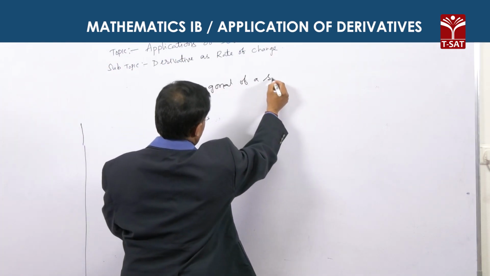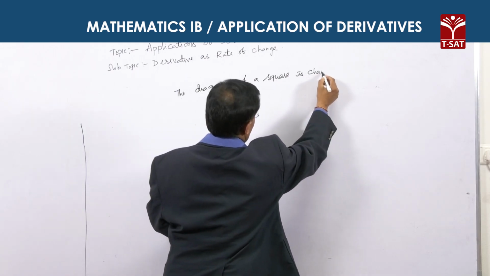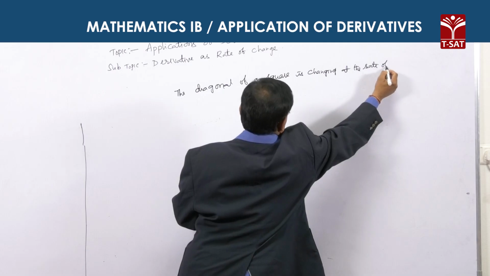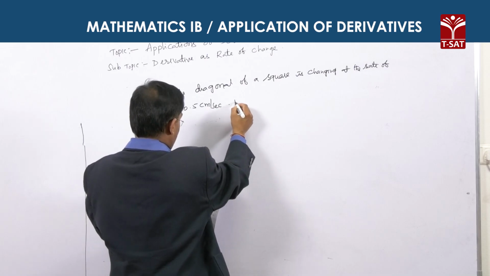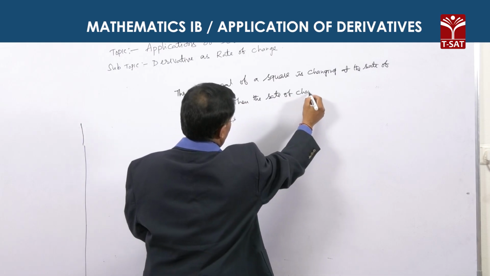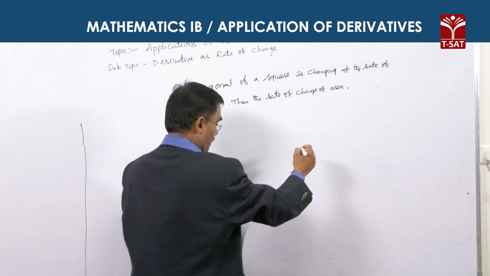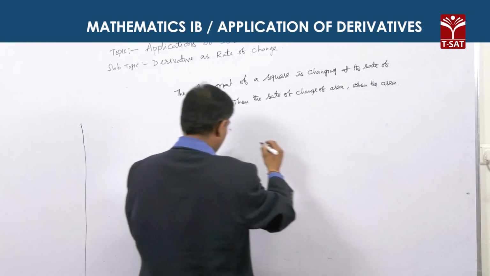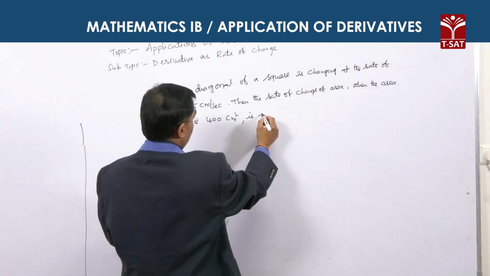The diagonal of a square is changing at the rate of 0.5 centimeters per second. Then the rate of the change of area when the area is 400 centimeter square is equal to dash.